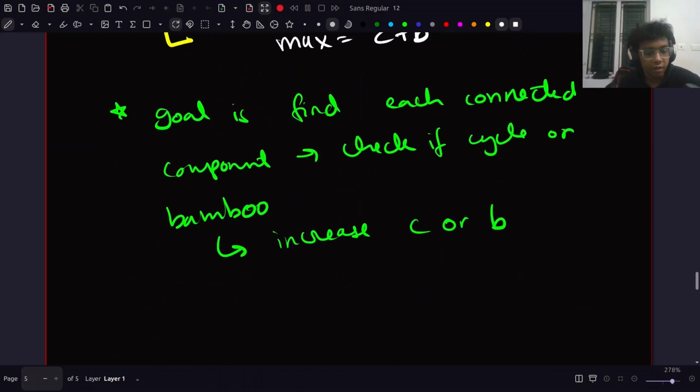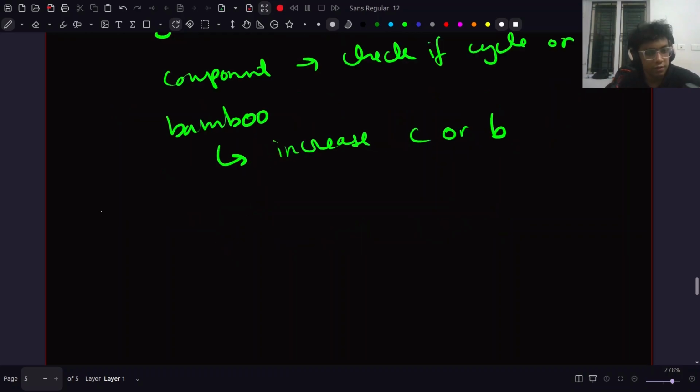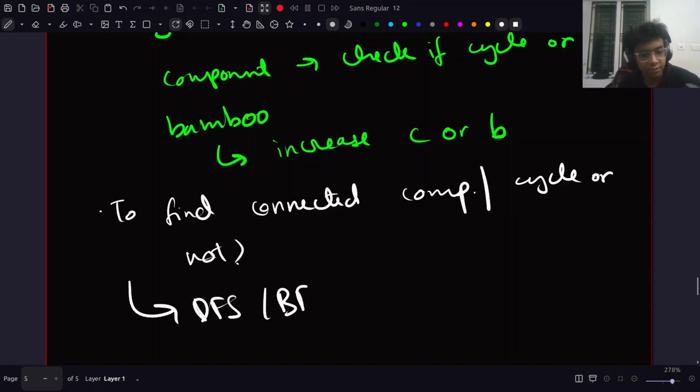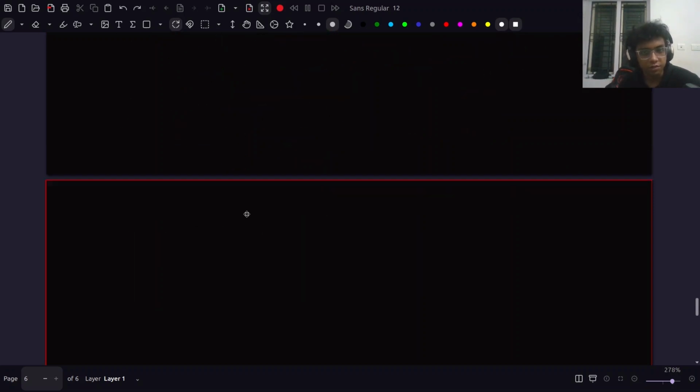How to find connected components? We can simply use DFS, right, to find the connected component and whether it is a cycle or not. We can use DFS, or we can use BFS as well. Any traversal of the graph structure works, right?